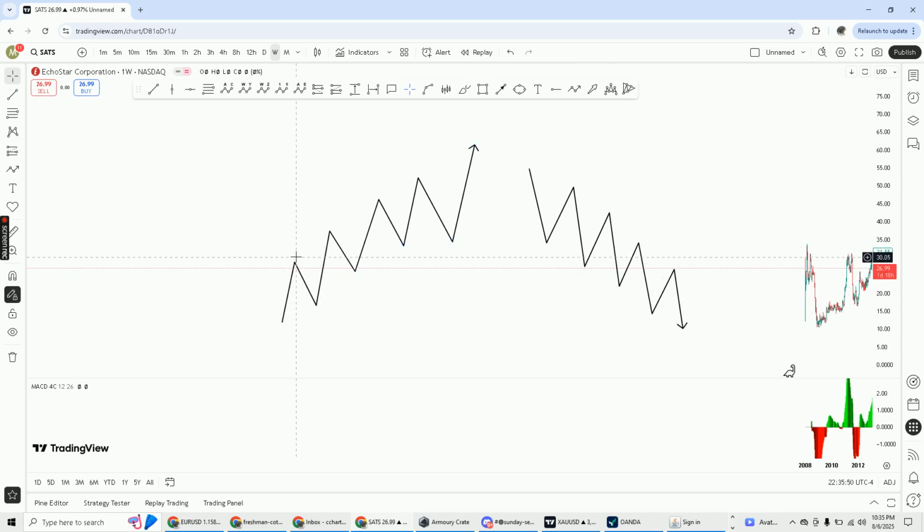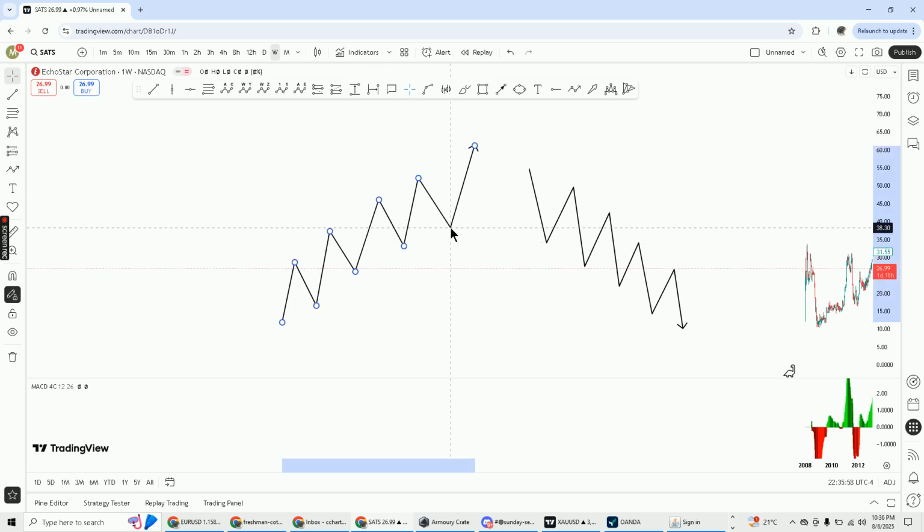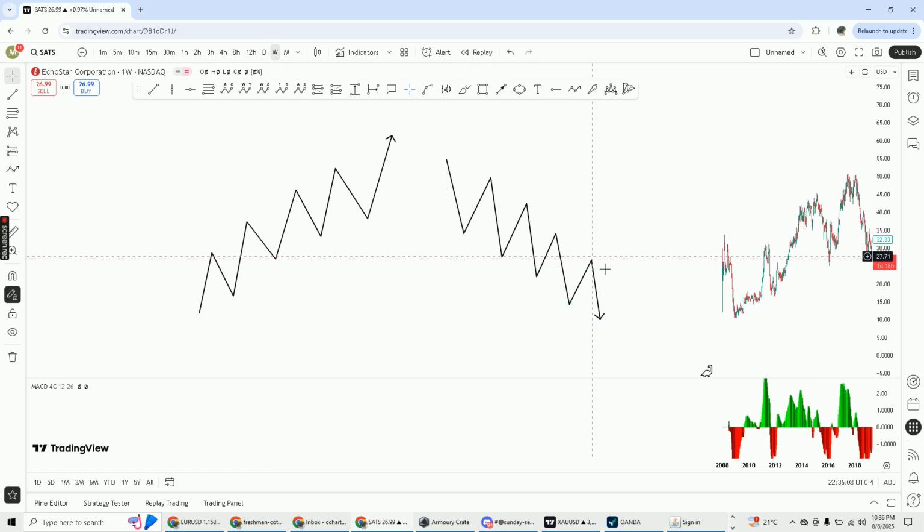So it's a little bit more detailed in the trading world. This is a higher high. This is a higher low, higher high, higher low, higher high, higher low, higher high. Move this up here, higher low, and higher high. So when it's making higher highs and higher lows, it's moving in an uptrend. Here is a downtrend.